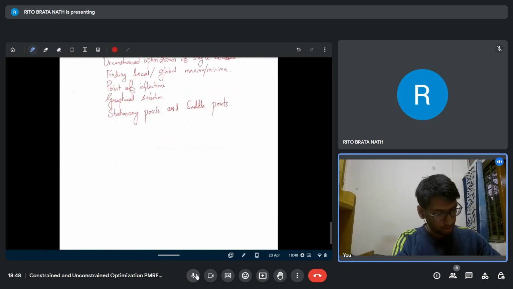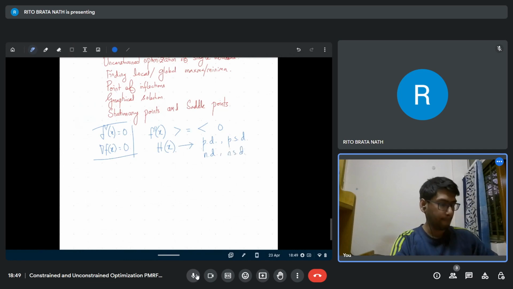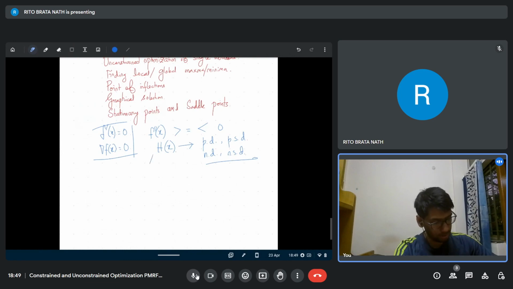And the main thing to remember was that if f prime of x equals 0 or grad of f(x) equals 0, those kind of things, then check if f double prime is greater than or less than 0, or getting the Hessian matrix and checking for positive definiteness or positive semi-definiteness. Then you have negative definite or negative semi-definite, right? So these are the things to check for, right? So this is the Hessian matrix.